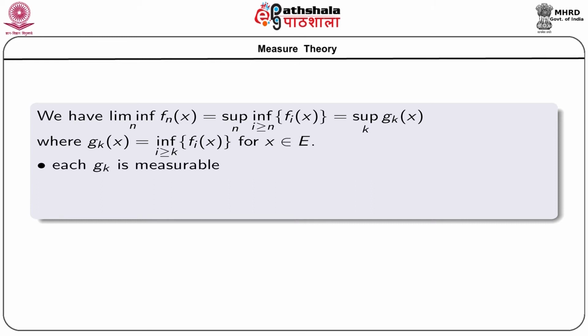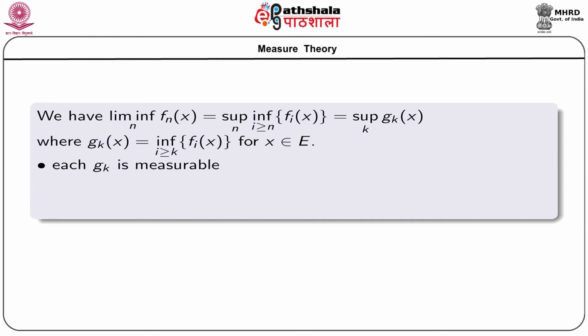Again, from our knowledge of measurable functions, we know that if Fn is a sequence of measurable functions, then the lim-inf and lim-sup, which always exist, are also measurable.